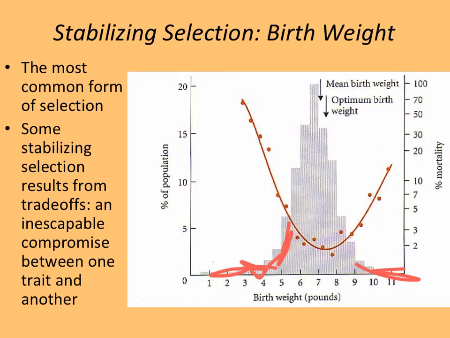Large babies end up not making it through the birthing process. So this is called stabilizing selection. Around the optimal size is around there, and the mean doesn't really change all that much, the average, but the variation around the mean does. There's much less of it.